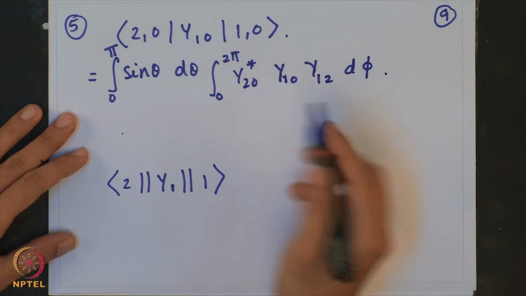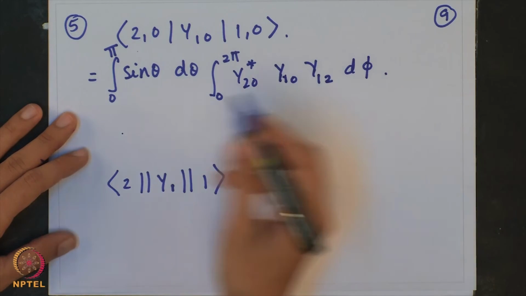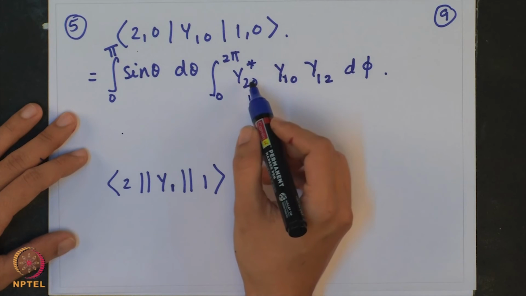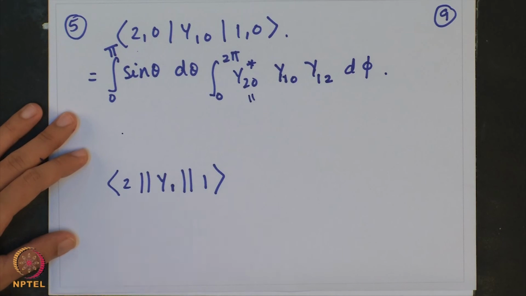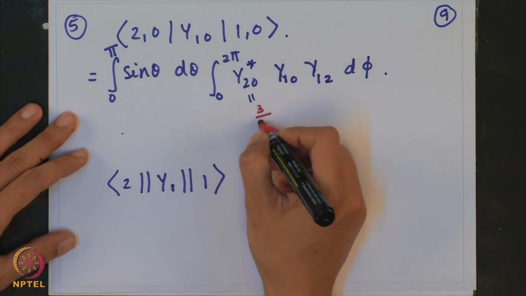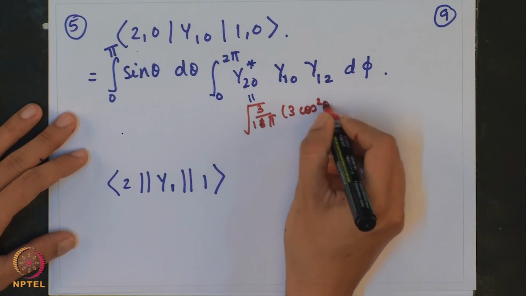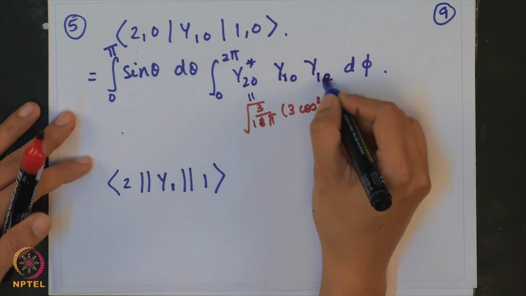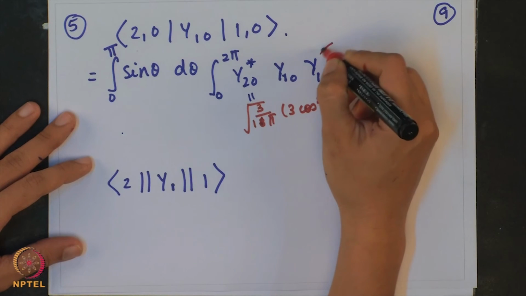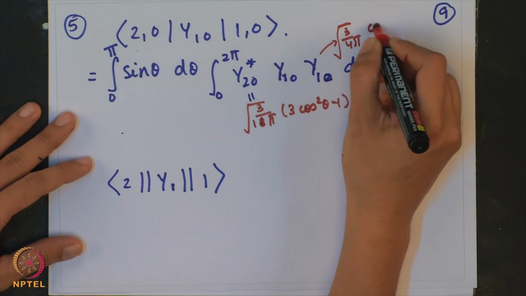So, the spherical harmonics and these states, how they are related, that you can see here, and you know these values y 2 0 theta phi can be written in terms of the angular coordinate as, I do not remember, I think 3 by 16 pi or something, just check this, (3 cos square theta minus 1), and here y 1 0 is I think 3 by 4 pi cos theta.